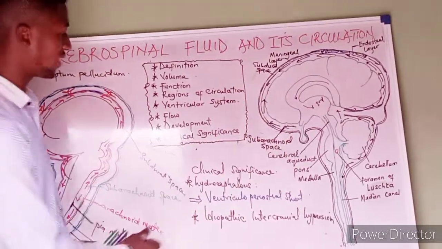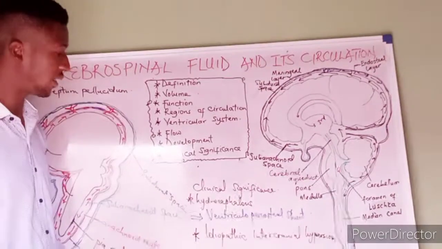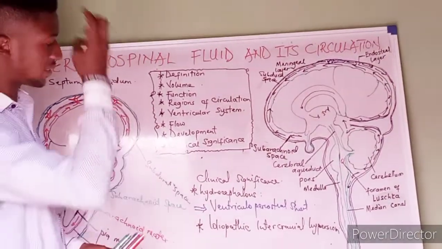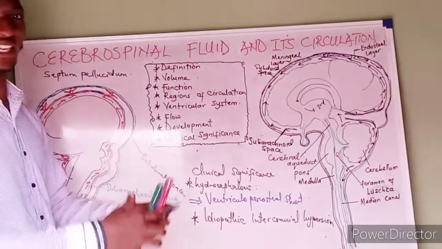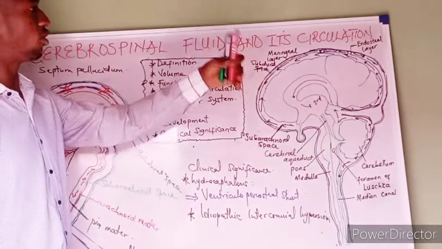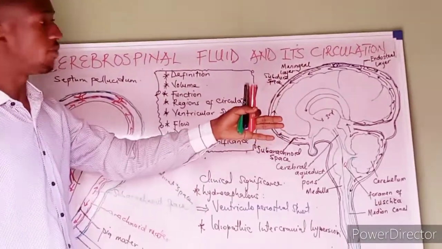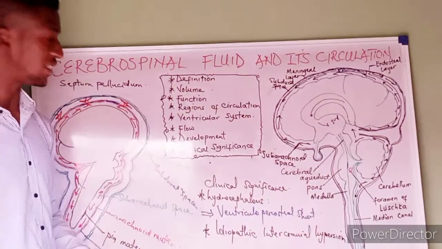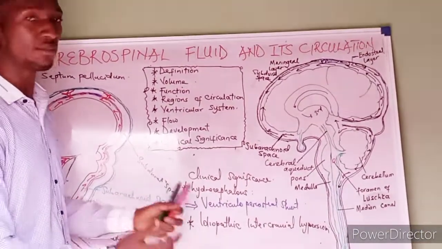This is always caused as a result of increase in cerebrospinal fluid pressure, and when that occurs, it can cause separation of the layers of the meninges. It can even cause some other diseases to take place here.